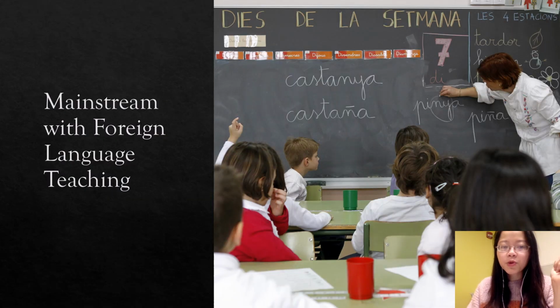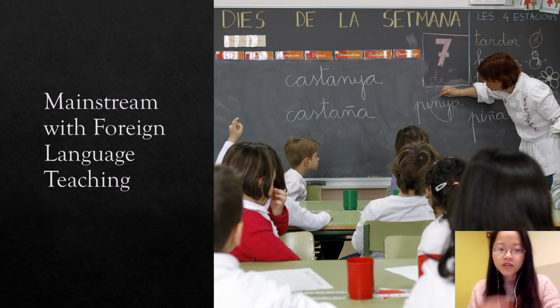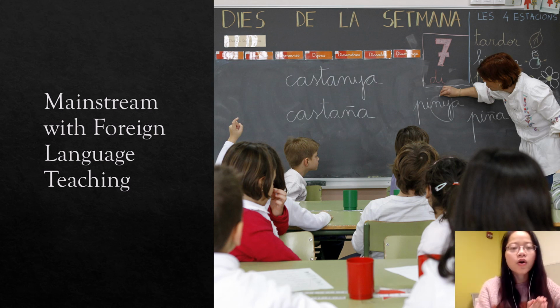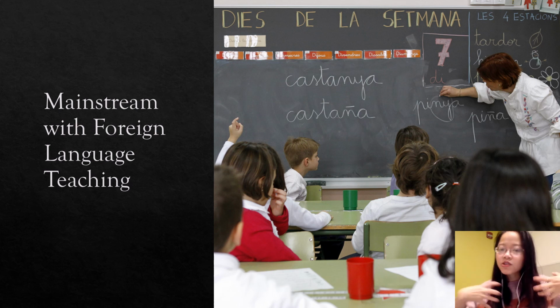Now, mainstream with foreign language teaching. It's very simple to understand this concept, like I mentioned earlier in our lecture. Students just come to class. At first they can use their first language, but not a lot.